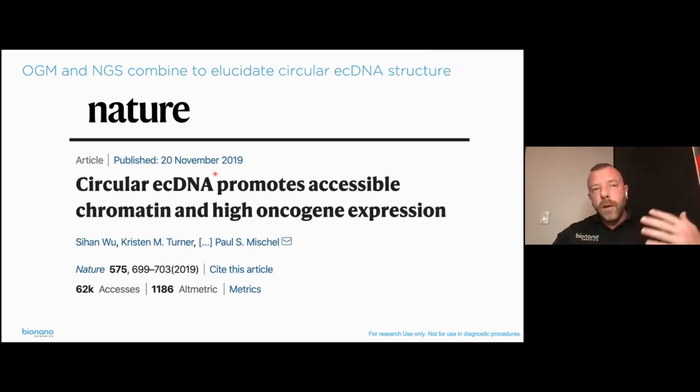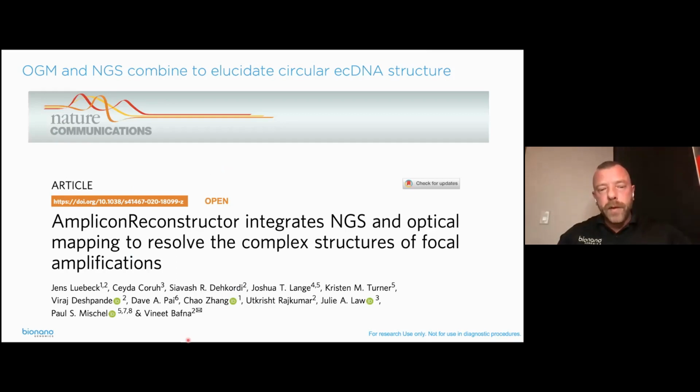And then I want to touch on two groups, one at UCSD here led by Paul Mischel, where a team led by Vineet Bafna developed custom software to combine optical genome mapping data with NGS data to look at very complex cancer structures, in this case, extrachromosomal circular DNA. These are the little, almost plasmid-like pieces of chromosomes inside cancer cells that can be used by these cancer cells for massive amplification of oncogenes.